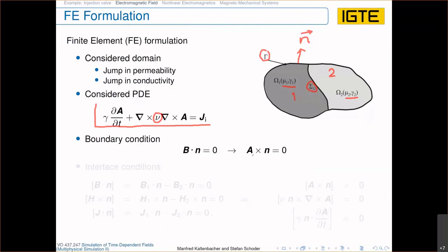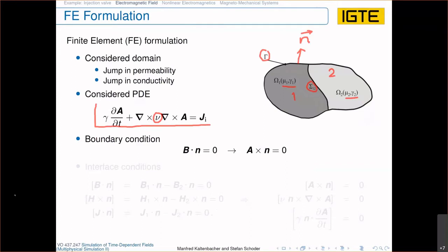And this is equivalent to taking the cross product between the magnetic vector potential and the normal vector, which means what we get out here is just the tangential components of the magnetic vector potential along the surface, and they should be equal to 0. So this is the transformation in 3D, if you have such a field, between a dot product and the cross product, when you have the relation between B and H over the curl.